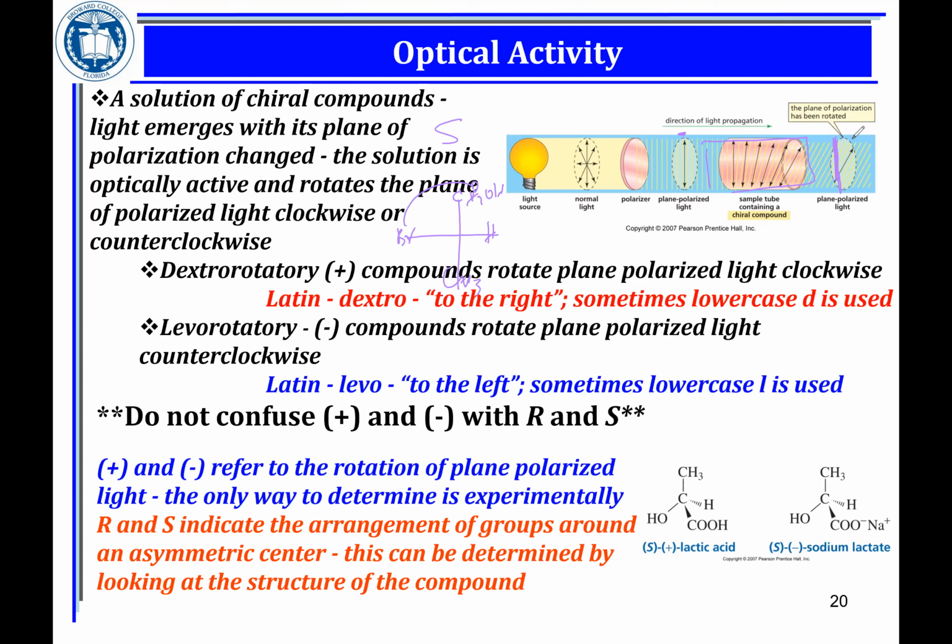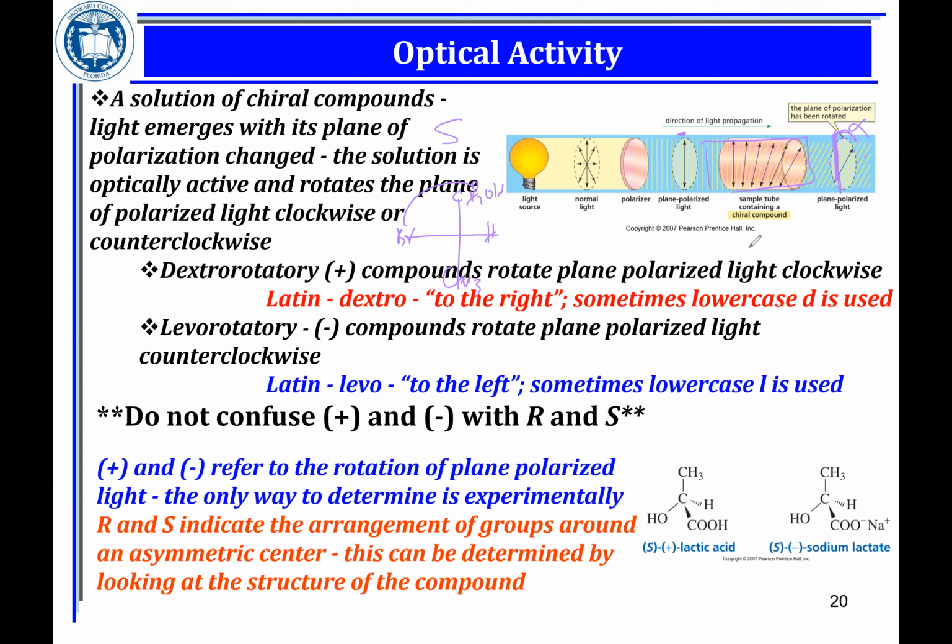But by rotating this filter to the same angle as the light that has been rotated already, the light can pass through and you can see it. And this angle can be measured as alpha. So this diagram shows the light that has been rotated by the sample.